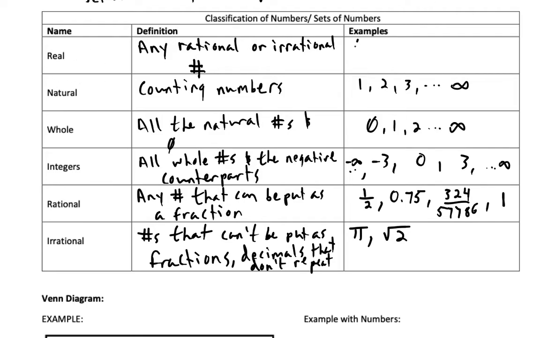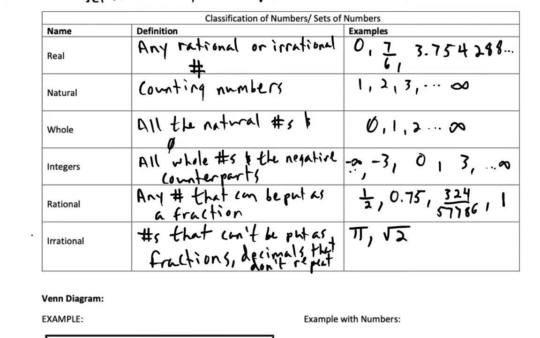So a real number could be 0. It could be 7 over 6. It could be 3.754288, and that continues on. So these are our types of numbers. From smallest to largest, we start with the naturals, then we go to the whole numbers, then the integers, the rationals, irrationals, and all of those are real numbers.